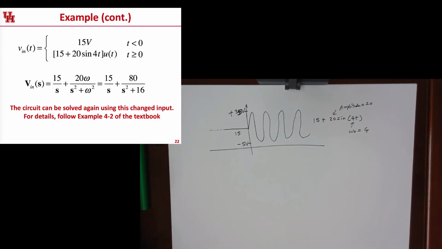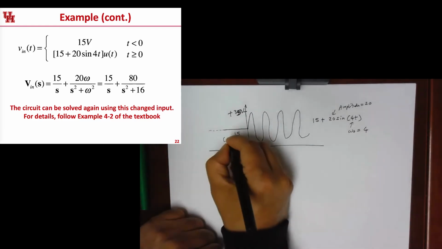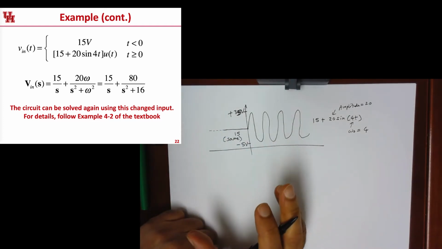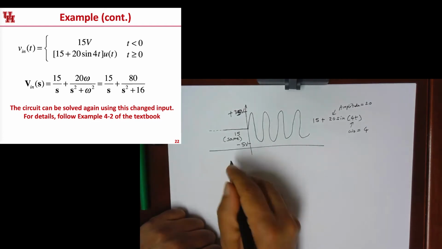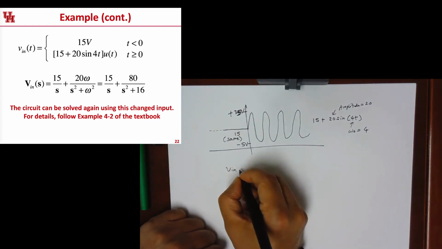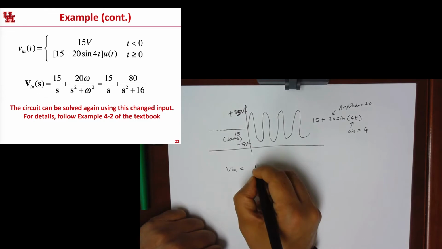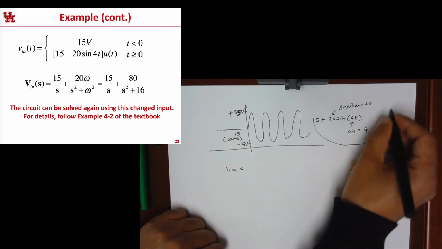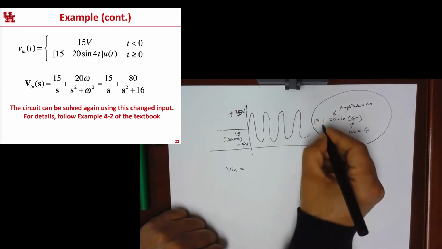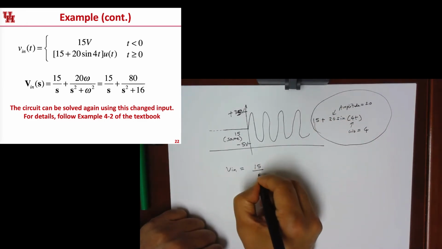So what we can do is reuse the same formula that we had before. All we need to do is to change V in, because the initial condition is the same as before, so the circuit solution is the same. We just have to plug in the new value of V in, which is basically the Laplace transform of this guy. The Laplace transform of 15 is going to become 15 over s.